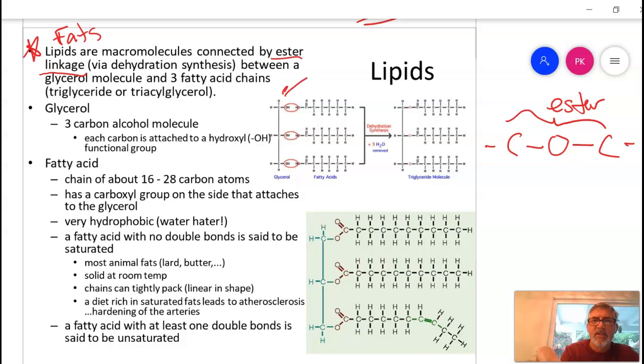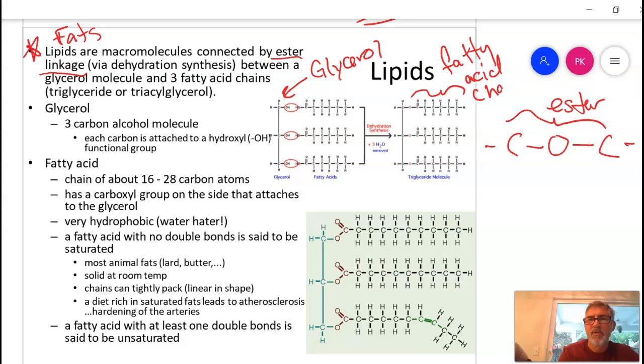Okay, so know your parts. This is a glycerol, and then these are fatty acids. These are made of carbon, hydrogen, and oxygen, just like carbohydrates, but the ratio is different.